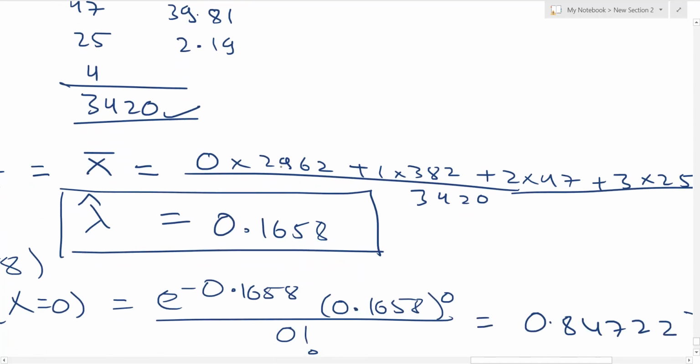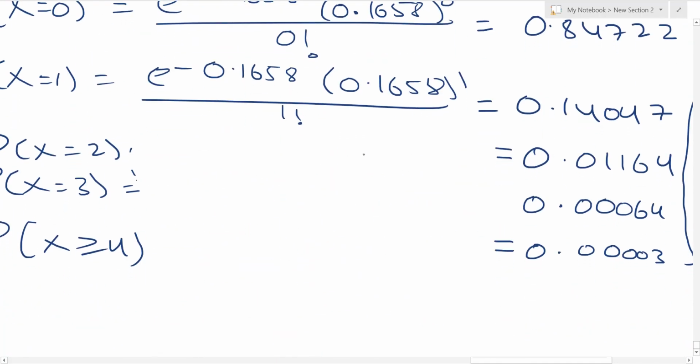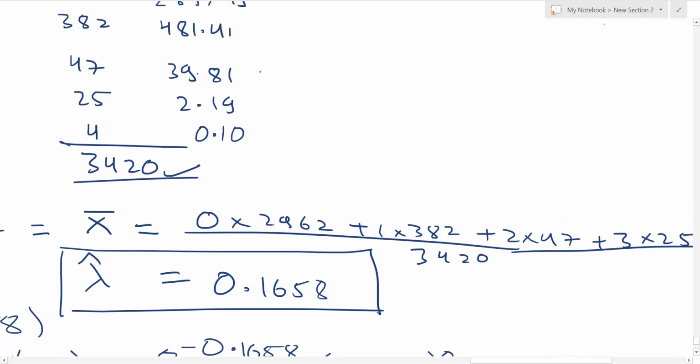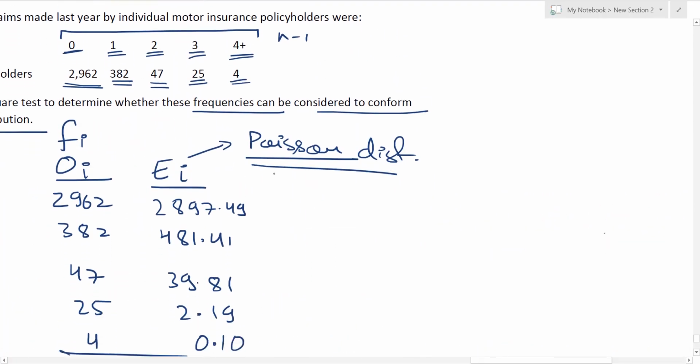And let's see the last one. It will be 3420 times 0.00003, so it would be 0.102 or 0.10. These are your values for EI.